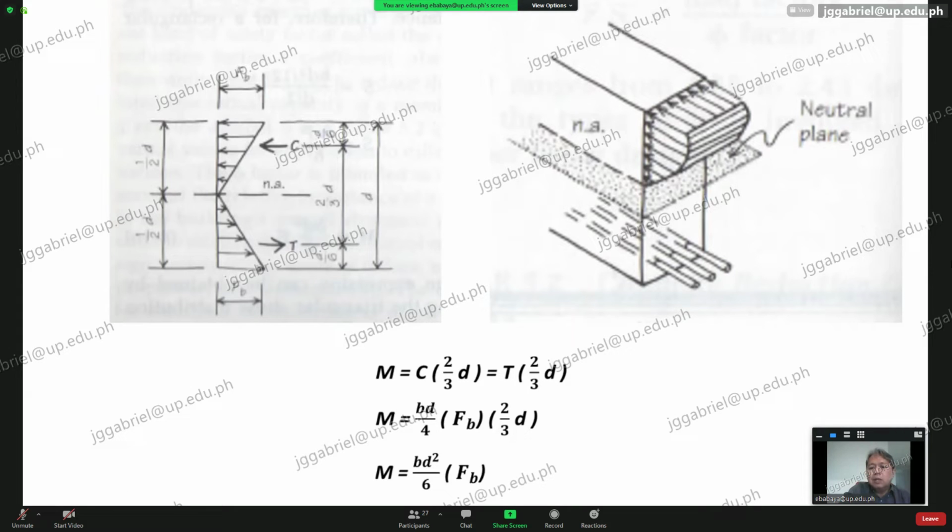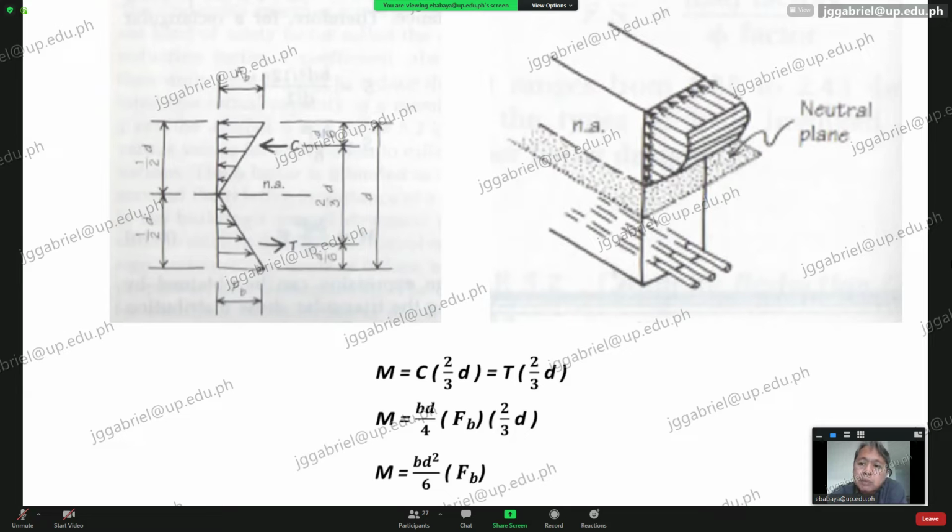Okay, question. Sir, bakit wala kang stress for concrete? Kasi may concrete din naman po dito, di ba? Okay, bakit wala? Now, in reinforced concrete, from the neutral axis down to the part where your beam is subjected to tension, the concrete will not contribute anymore.